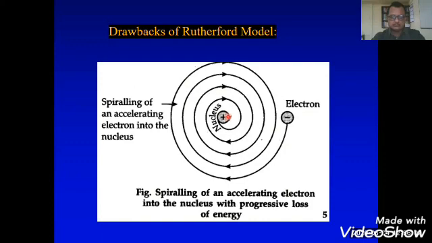So such an atom will continuously lose energy, and that means we should get a continuous spectrum for hydrogen gas or any other atom. But it was found that hydrogen gas does not give a continuous spectrum, and in fact it gave a line spectrum. That means hydrogen gas emitted only some discrete frequencies.